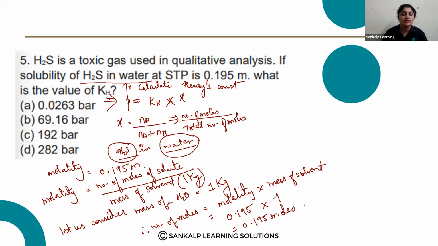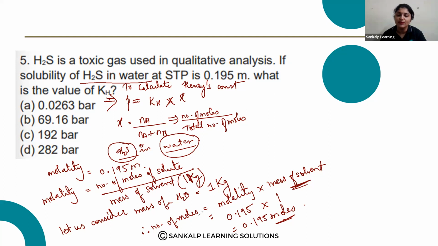So this is for H2S. This is the number of moles of H2S, that is 0.195 moles. Because it is given in terms of solvent, that is kg, we have to convert it into kg.